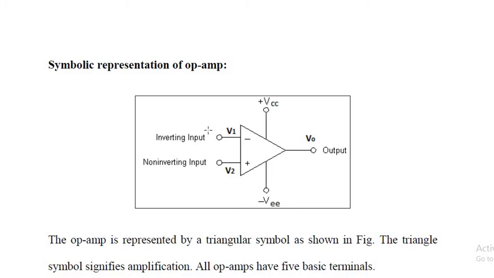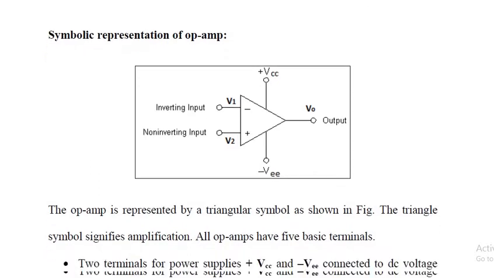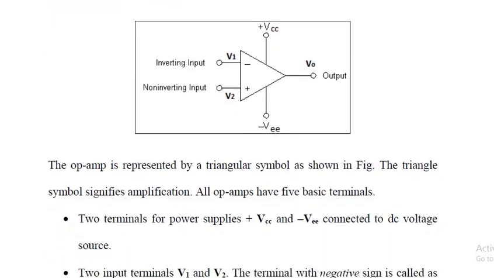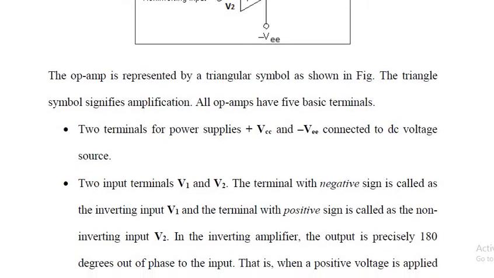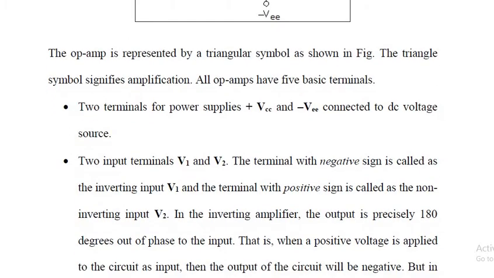From the name, inverting input, the output is precisely 180 degrees out of phase to the input. In other words, when a positive voltage is applied to the circuit as input, then the output of the circuit will be negative.